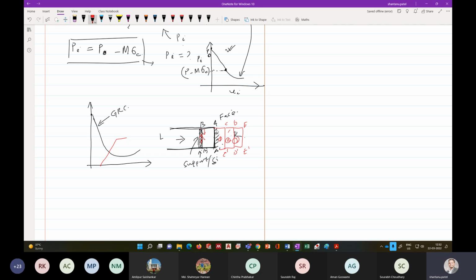So when the face is at A dash, point B dash has already moved. Let me write it down. When the face is at A, A dash, B, B dash, the support was installed.